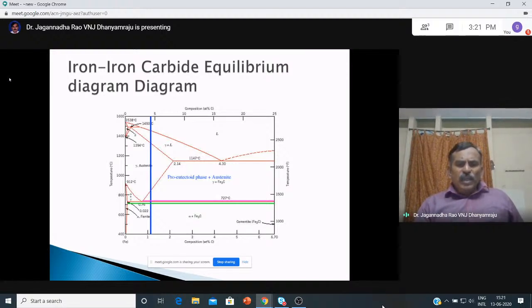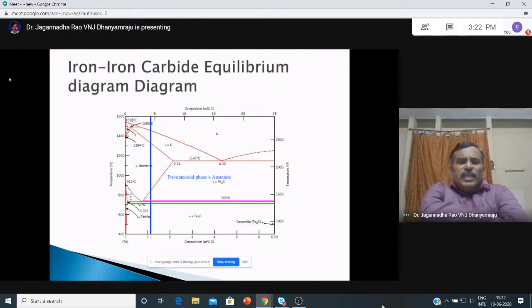And also at 727 degrees centigrade, the austenite precipitates into two solids, that is ferrite and cementite. And this is a eutectoid reaction, and in general the eutectoid composition is 0.8% of carbon.